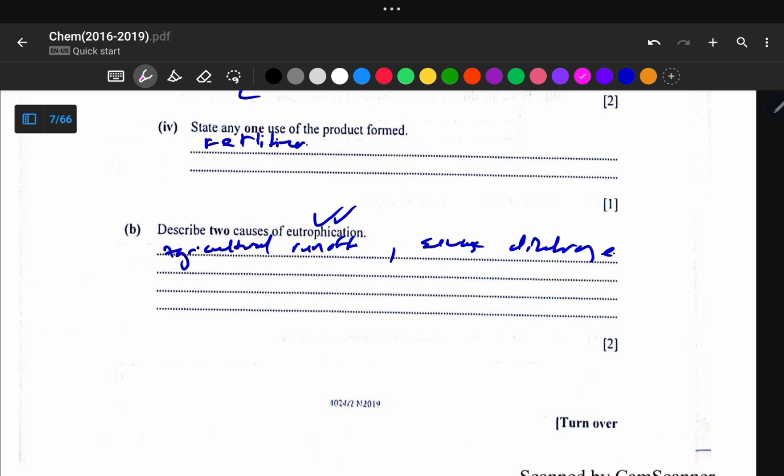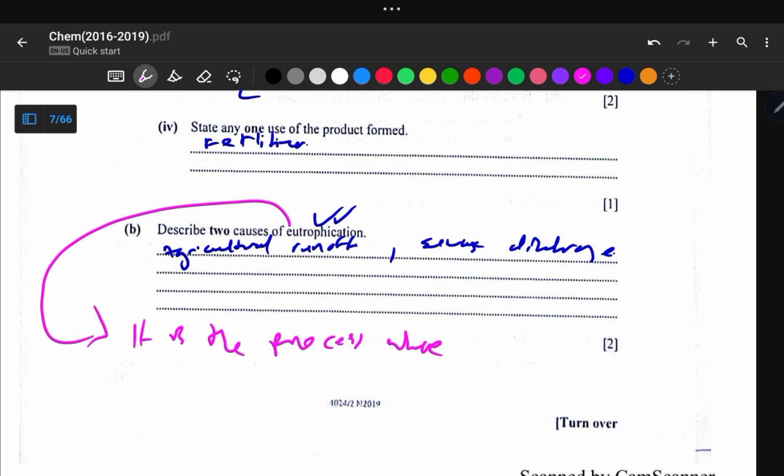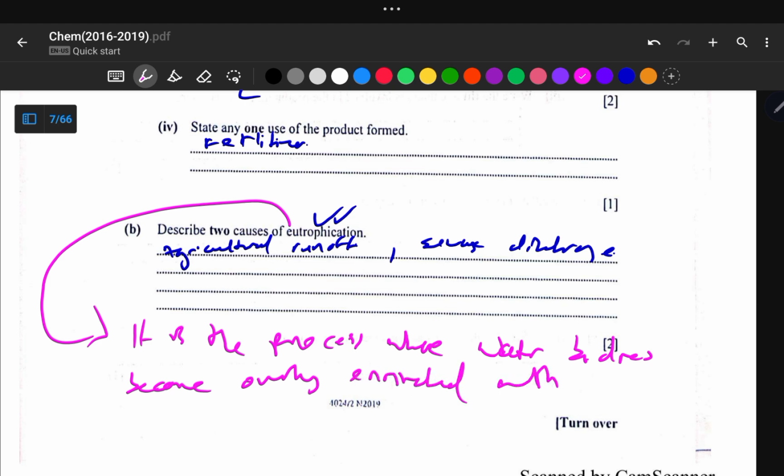So we can say eutrophication is the process where water bodies become overly enriched with nutrients, mainly nitrogen and phosphorus.